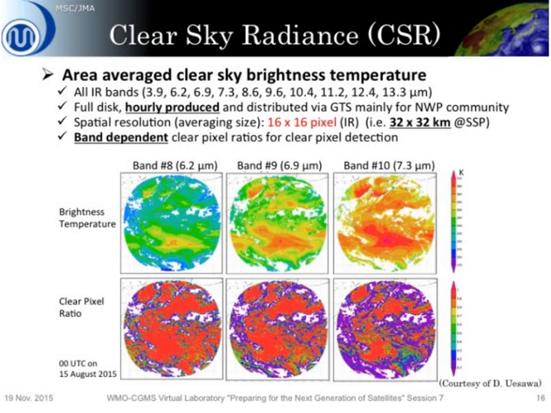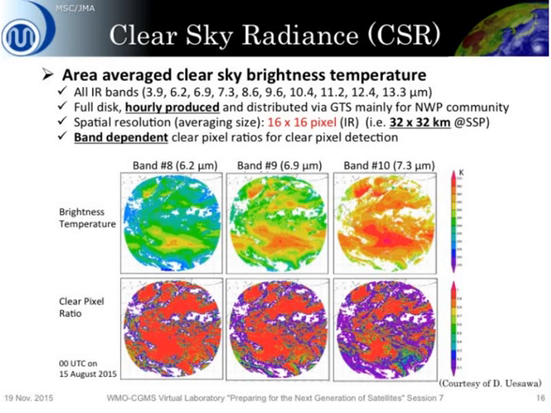Next is Clear Sky Radiance, CSR. This product shows area averaged clear sky brightness temperature. This product is usually used for numerical weather prediction.